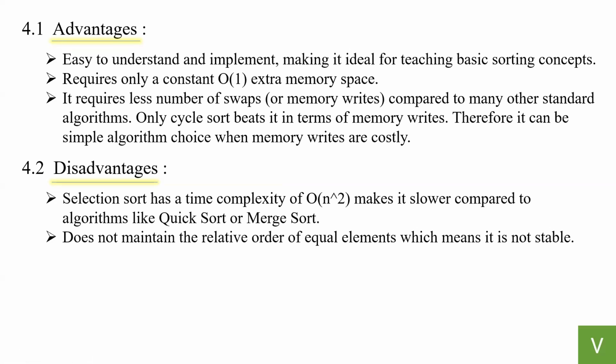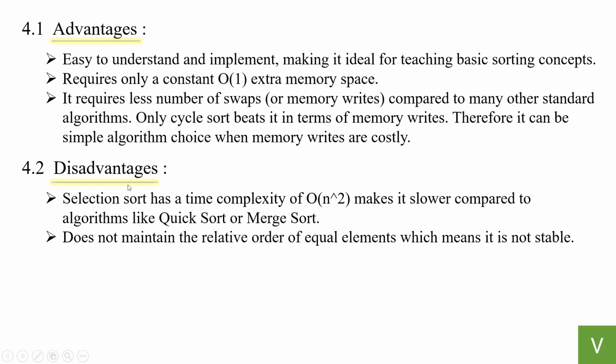We saw that the time complexities are all similar because that is n square. It requires fewer swaps compared to many other standard algorithms. Therefore, it is a simple sorting algorithm choice when memory writes are costly.